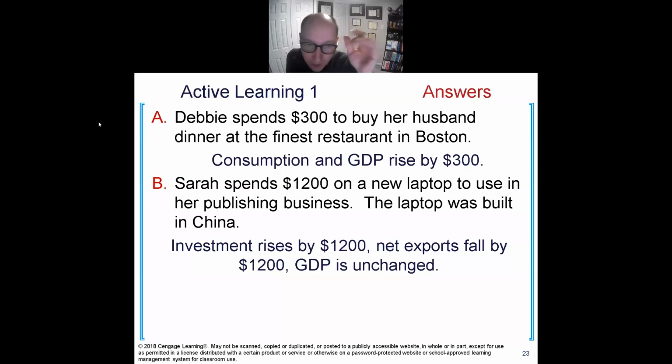So technically, this would not affect GDP. Well, yes, investment went up by $1,200 because she's using it in the business. Net exports went down by $1,200 because we imported the laptop. So technically, there's no change in GDP.